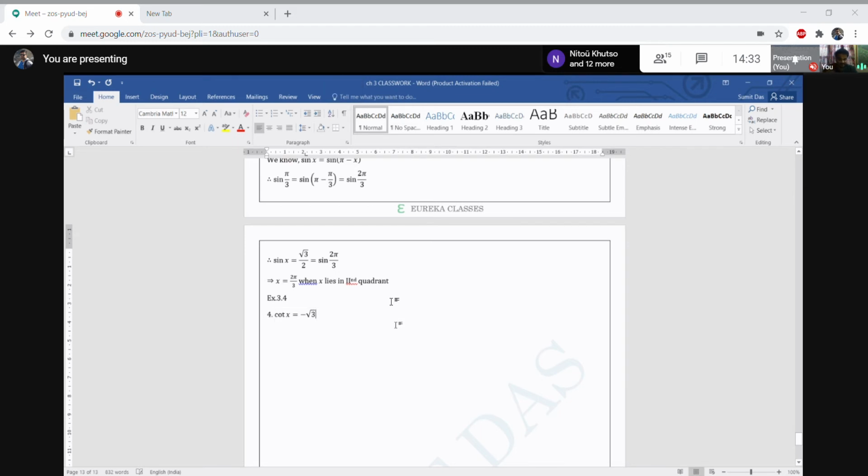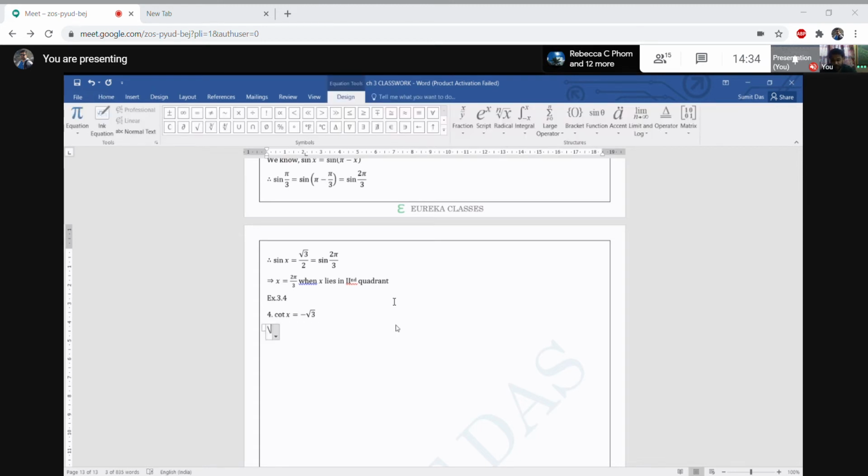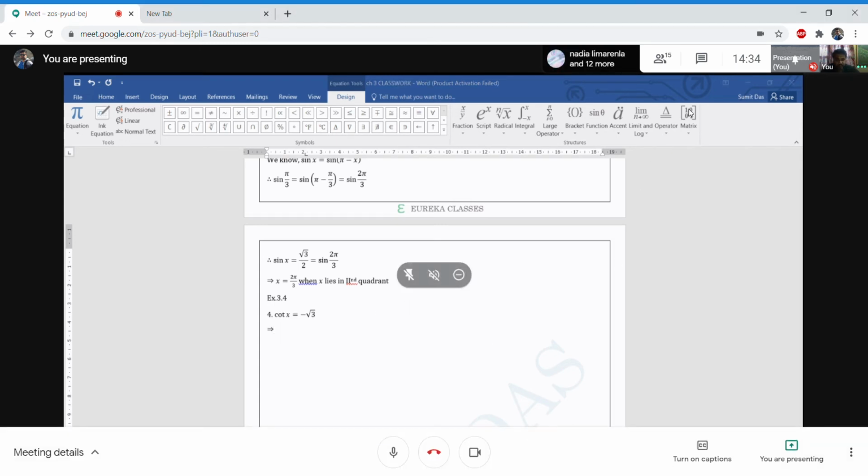In this question, first, in which quadrant is cot negative? Let me know.